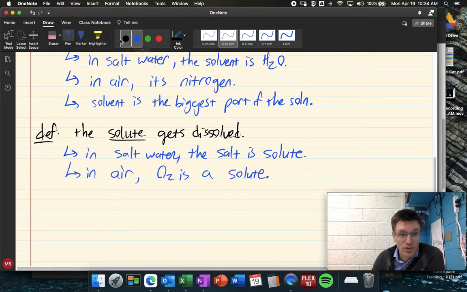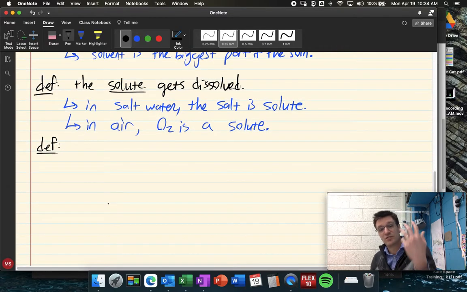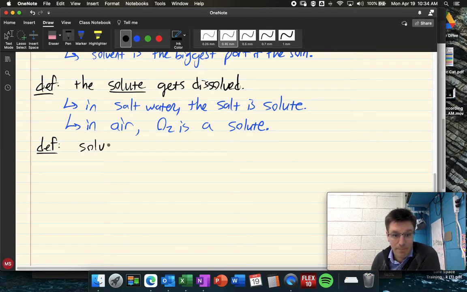There's one more, and that's a verb that you might hear occasionally. And it's the verb for like the process of dissolving something. When you mix sugar into water, what you're doing is called solvation, okay? It is also called dissolution.